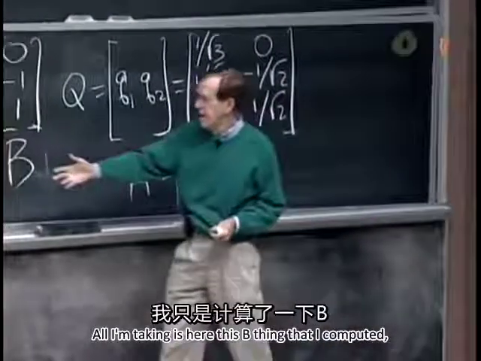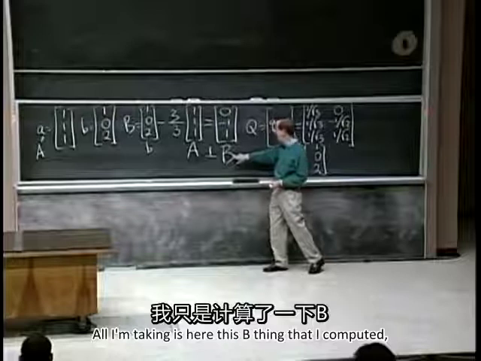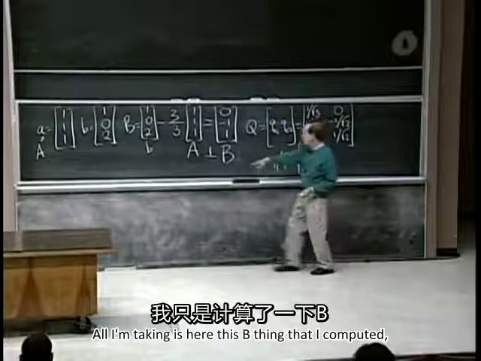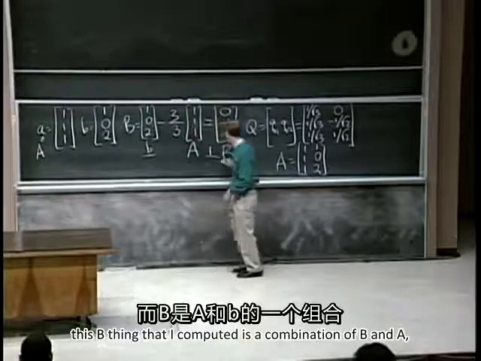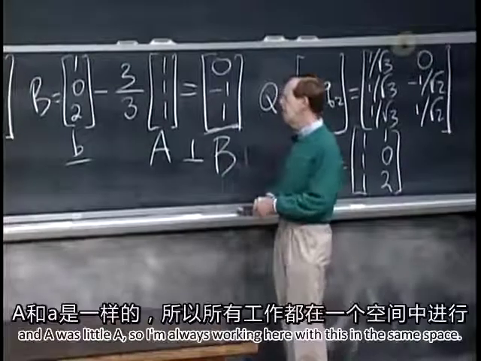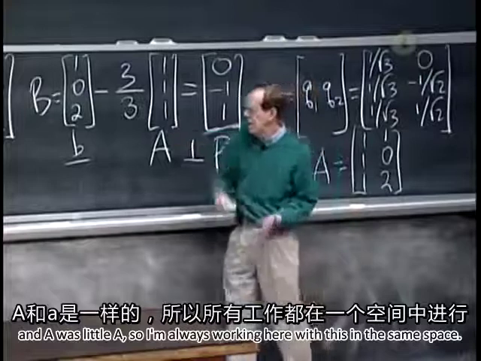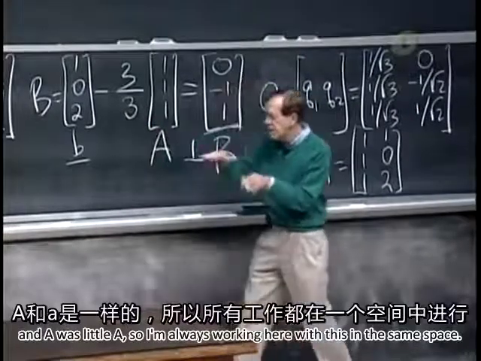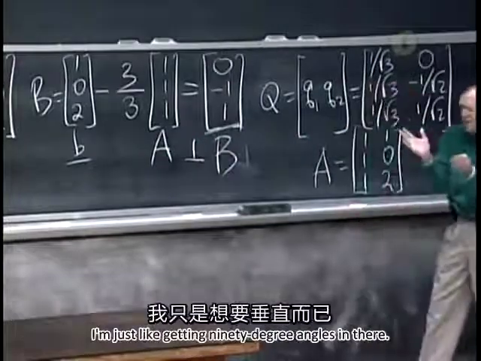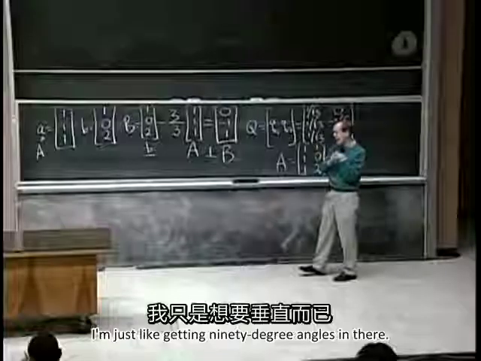All I'm taking is, this B thing that I computed is a combination of B and A. And A was little a. So I'm always working here in the same space. I'm just getting 90-degree angles in there.